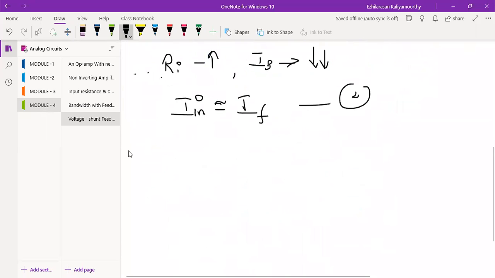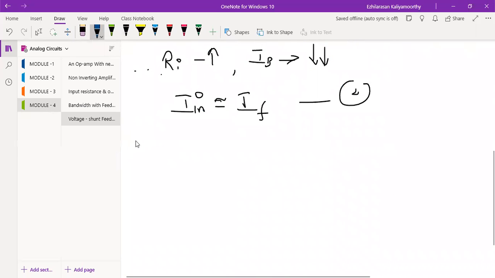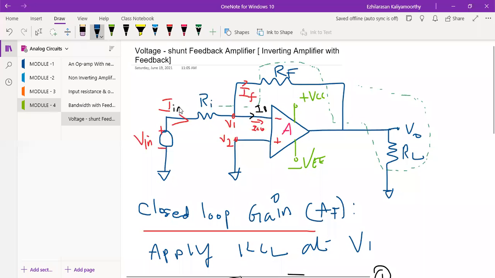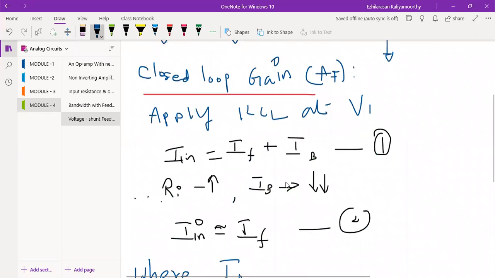Now what is In actually? This In is nothing but Vin minus this node. What is this node actually? This node is V1, right?